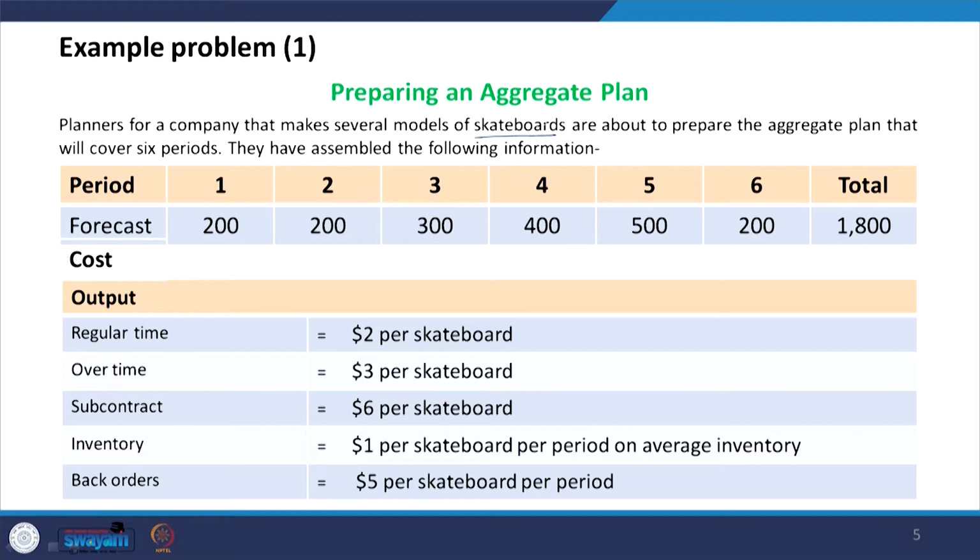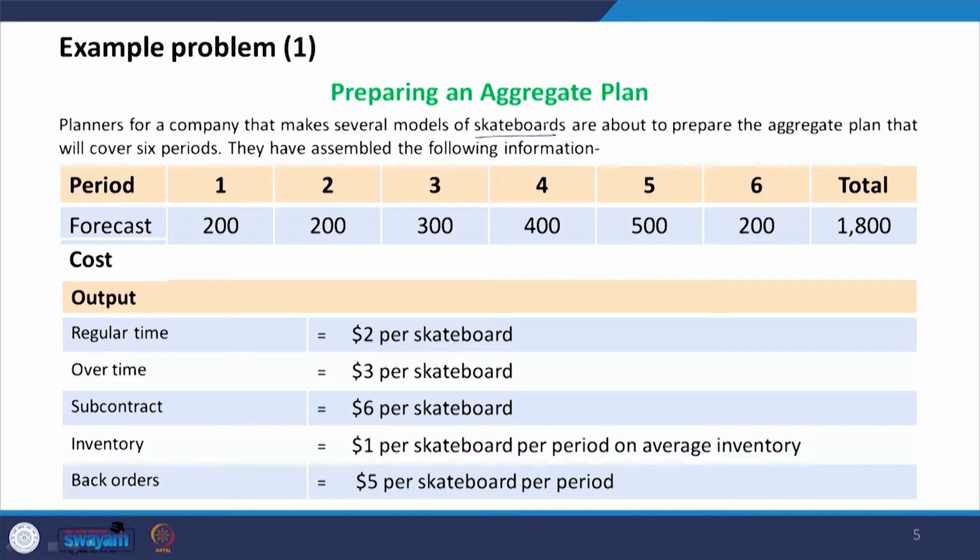Now, the first important thing, if you recall in our previous session, we discussed that we have to combine the demand of different types of products into a single category. So, models of skateboards are multiple, there are different types of skateboard models, but here for our purpose we are considering them as a single item.